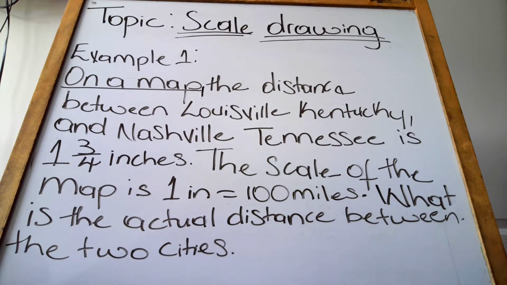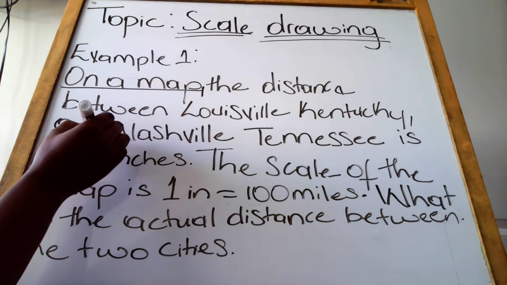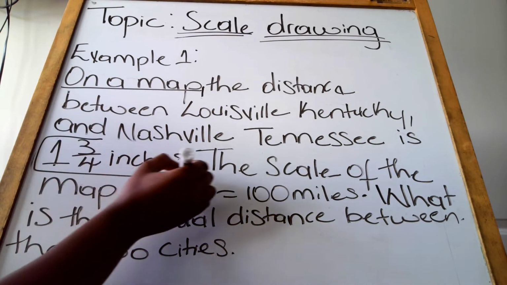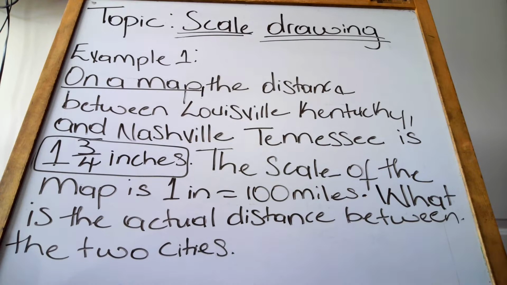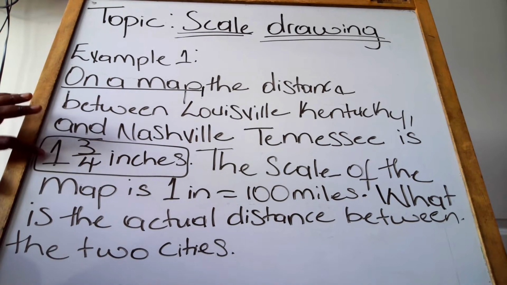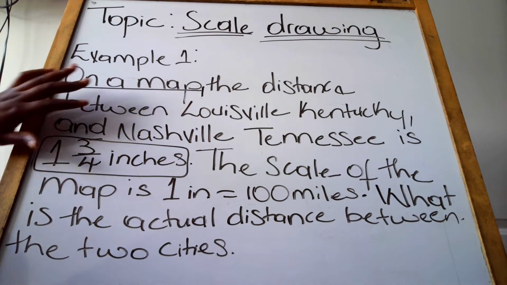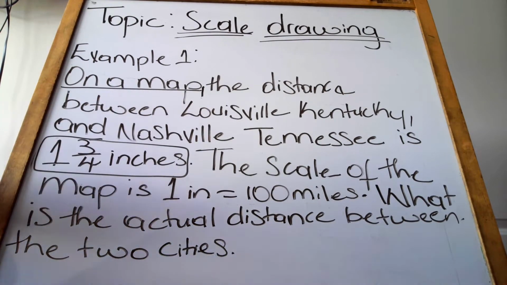So it says on a map, the distance between Louisville, Kentucky and Nashville, Tennessee is 1 3/4 inches. That is saying on the map. So this will be your scale length here. The distance between the two cities is 1 3/4 inches.